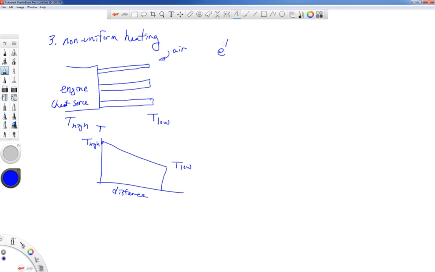In this case, if we want to calculate the thermal deformation, the equation we want to use then is going to be an integral along the length of that bar of alpha, which could depend on position, the temperature, which in this case does depend on position, dx. So this is what you'd use if you have non-uniform heating.